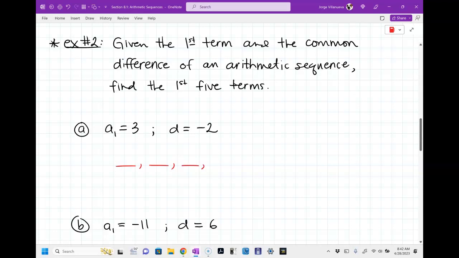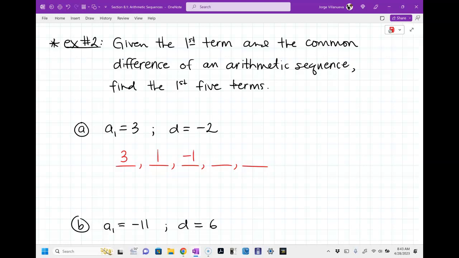You don't have to, but this is just a habit that I developed when I was learning this stuff, so that I know that my goal was to fill in 5 numbers, right? Now, my first term is 3. So what do I do to the 3 to find the next term? Subtract 2. So 3 minus 2 is 1. 1 minus 2, negative 1.